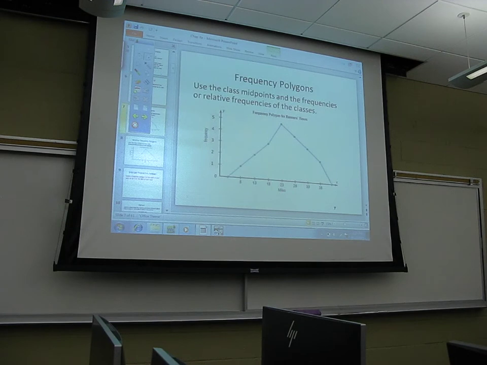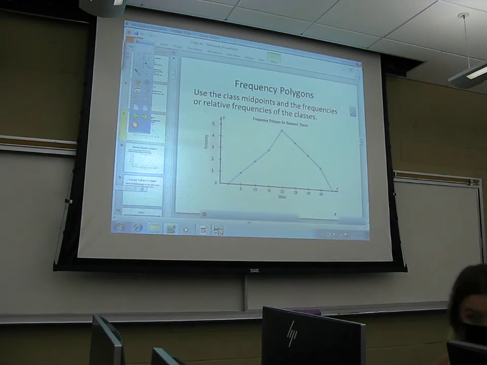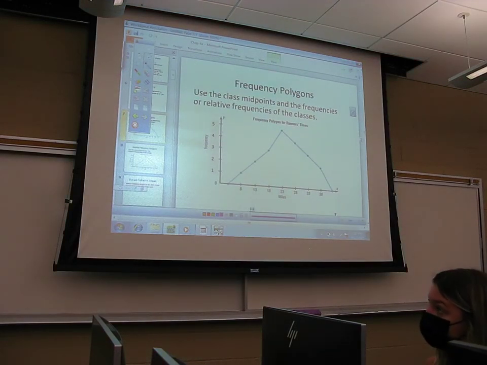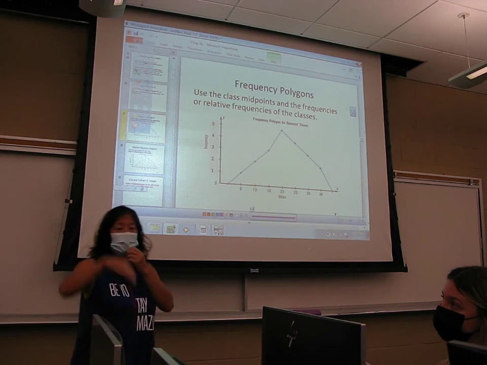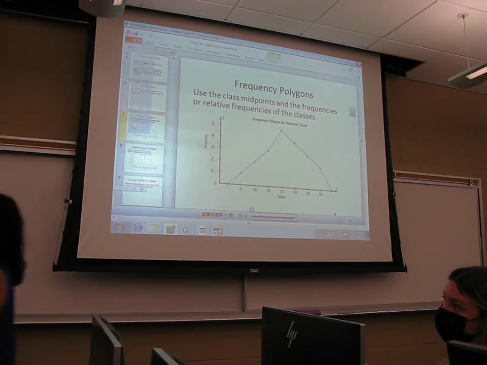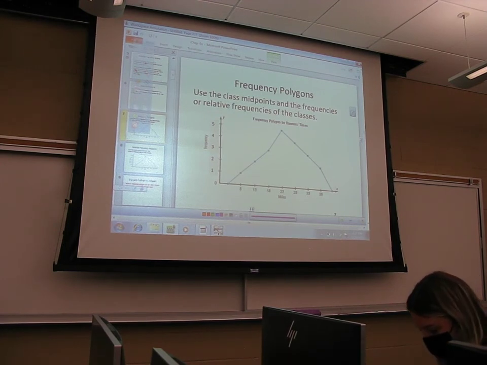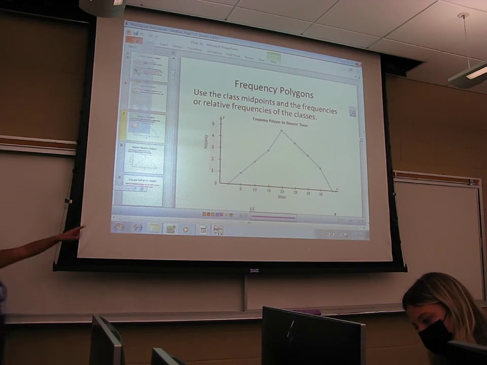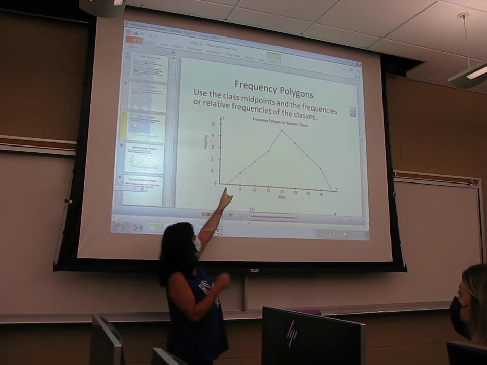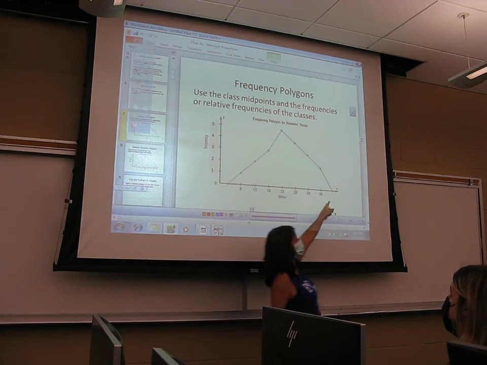All right. Frequency polygons. These use the class midpoints along the bottom, and for the heights they use the frequencies or the relative frequencies. You put a dot at the frequency above the midpoint, and don't forget you anchor in the front and you anchor it in the back.